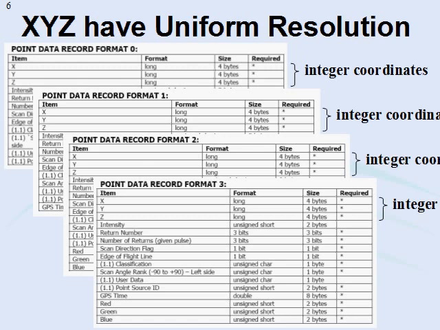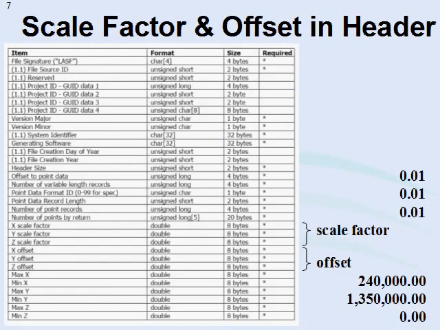You write down integer coordinates, and well, how do you get the digits? Well, you have to go to the LAS header. In the header, we have a scale factor. And let's say you want centimeter resolution for your points, because that's what the scanning error tells you, which is what we commonly use in airborne data, then you would use a 0.01 scale factor. So every number gets multiplied by 0.01.